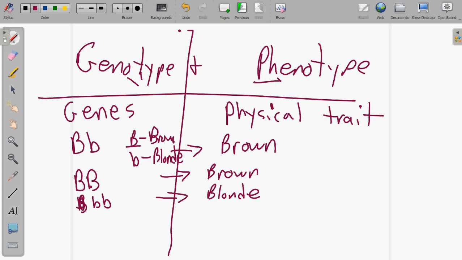Now, the genotype is what you're born with. The phenotype can be changed or affected by the environment. For example, poor nutrition will not change your genotype, but poor nutrition can change your phenotype.